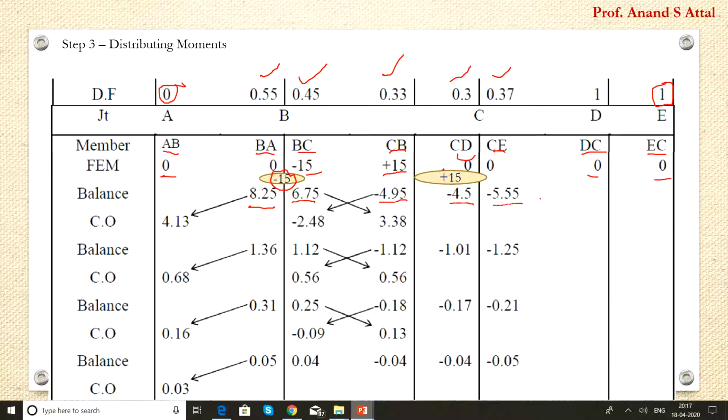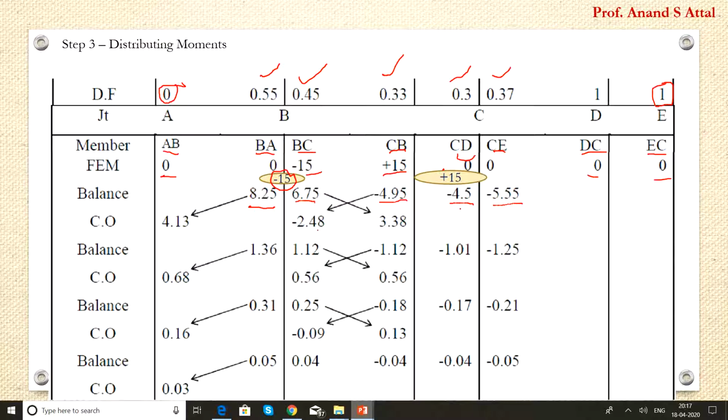After distributing, we need to see the carryover factor. As we have distributed minus 4.95 on CB, we need to give the carryover at CB. B support is a continuous or rigid support, so we give half the moment, that is minus 2.48.